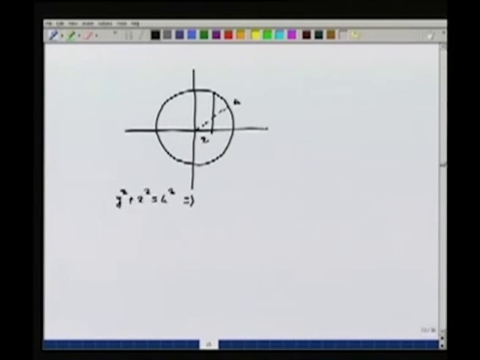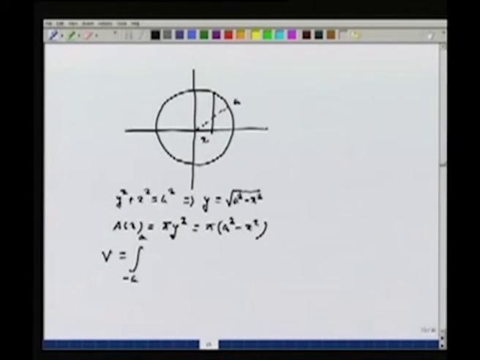So this would imply that y equals the square root of a square minus x square. In this case, A(x), according to my formula, is pi y square, that is pi times a square minus x square, and then the total volume is the integral from minus a to plus a of pi times (a square minus x square) dx.